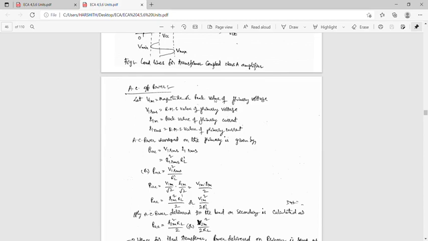Taking the RMS values with the root 2 factors, PAC equals Vm by root 2 into Im by root 2, so that is Vm into Im by 2.